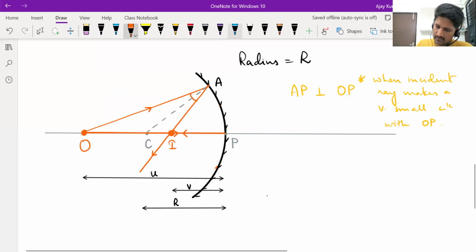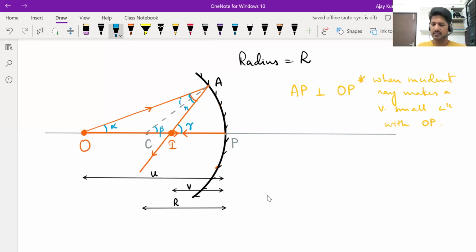Assume this angle is alpha, this angle is beta, this angle is gamma. Now here you can see the angle of incidence I, and on this side is the angle of reflection R, which are equal. I is equal to R. Laws of reflection.